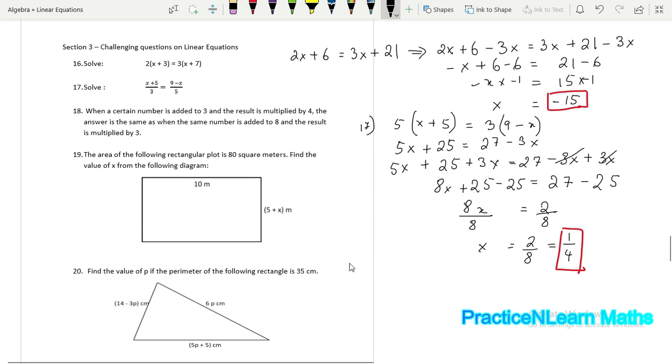Now sum number 17 is a word problem and we need to write it as a mathematical statement. When a certain number is added to 3 and the result is multiplied by 4, the answer is the same as when the number is added to 8 and the result is multiplied by 3.